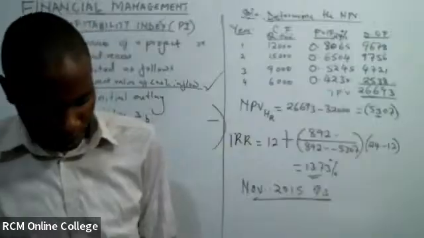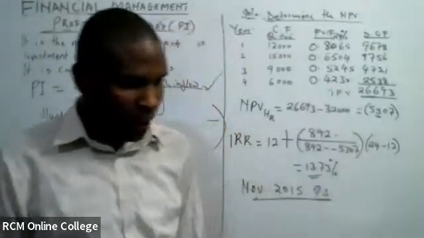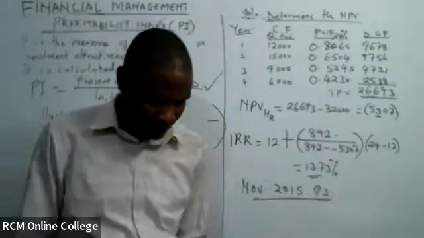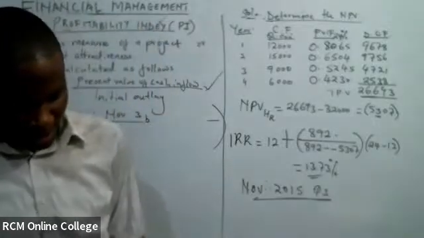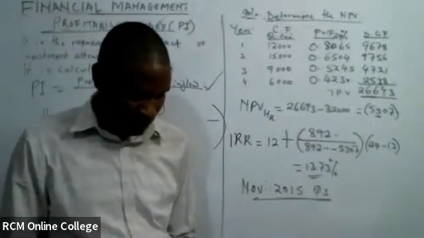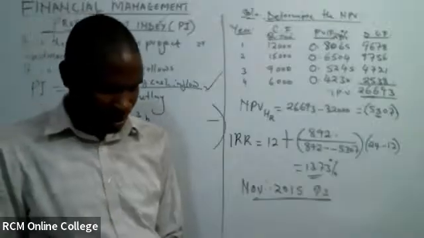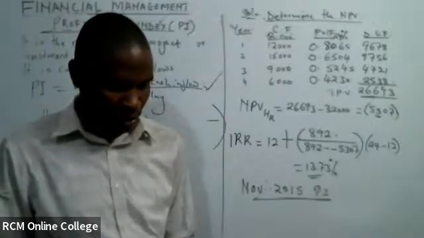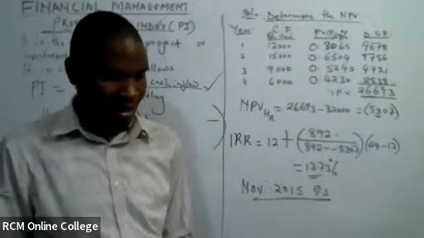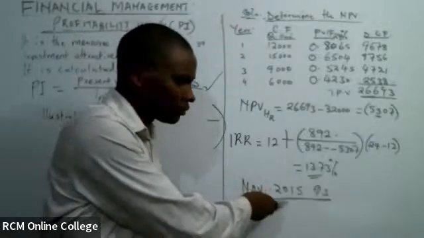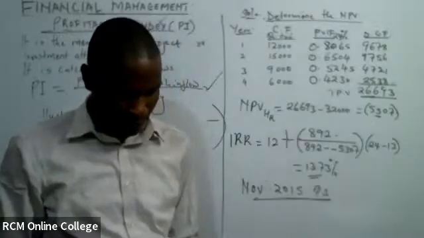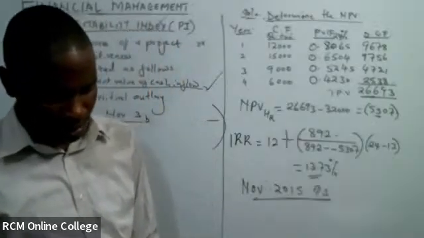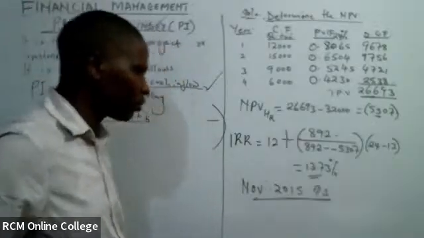Annual cash flow after tax is 21 million. The project economic life is 5 years, and the required rate of return is 12. You're required to assess the suitability of the capital project using the following methods. Method 1, use the IRR. Method 2, use the profitability index.